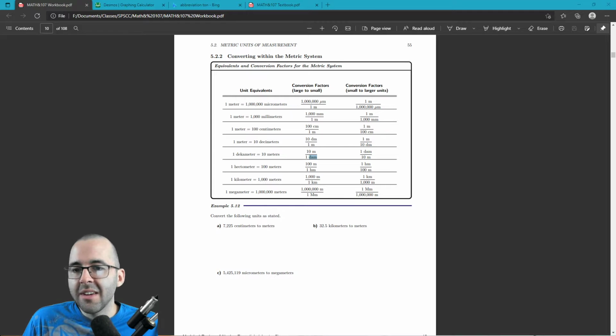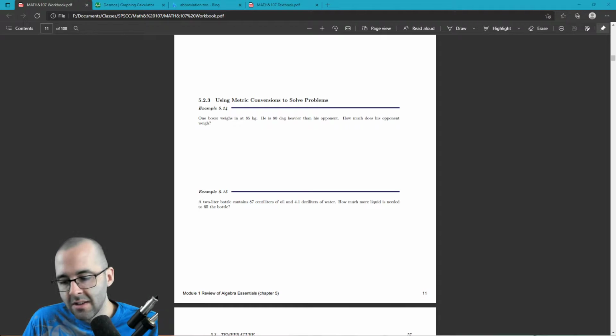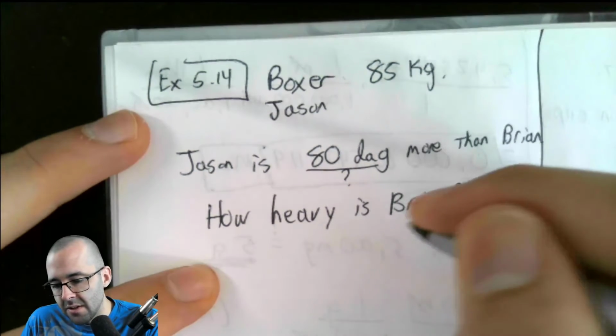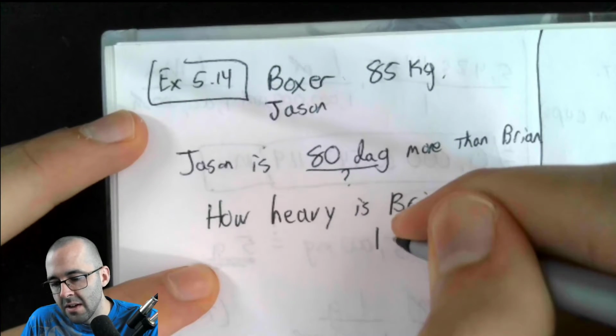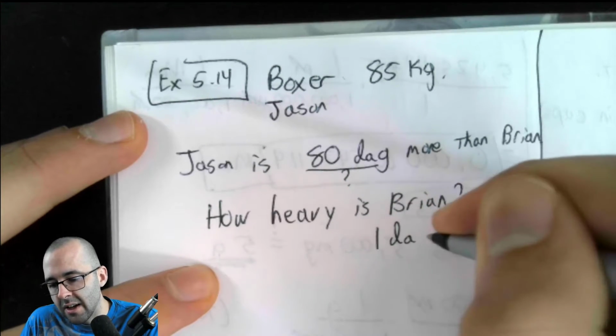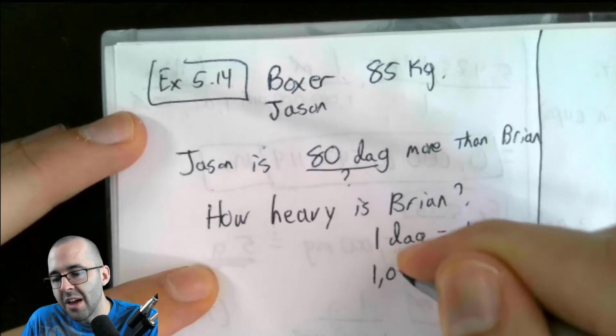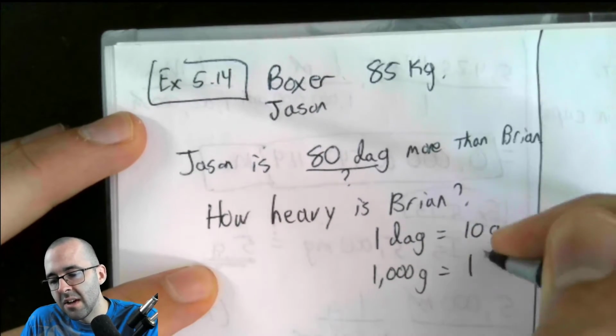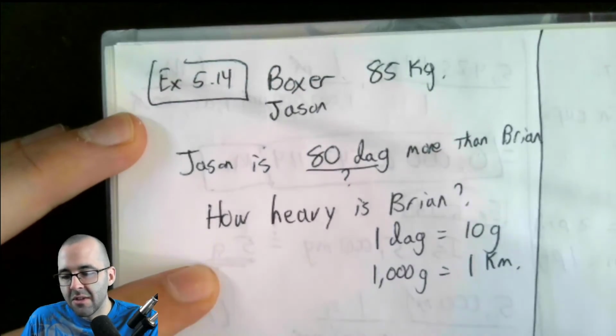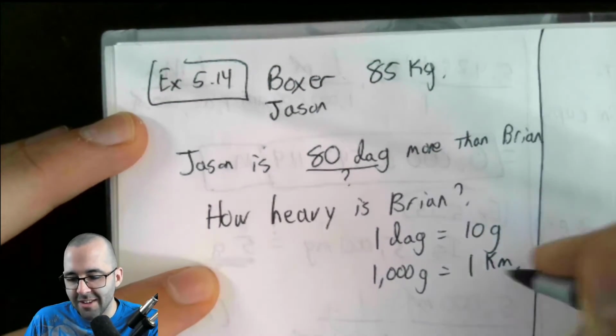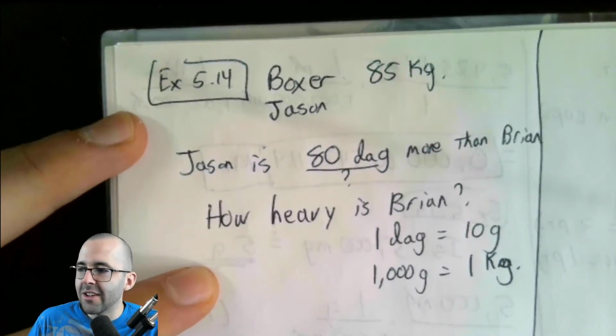A decagram is 10 grams. So 1 decagram is 10 grams. And remember that 1,000 grams is 1 kilogram. Whoa, 1,000 grams is a kilometer? Nope, is a kilogram.